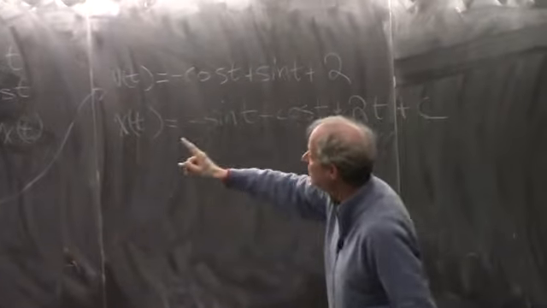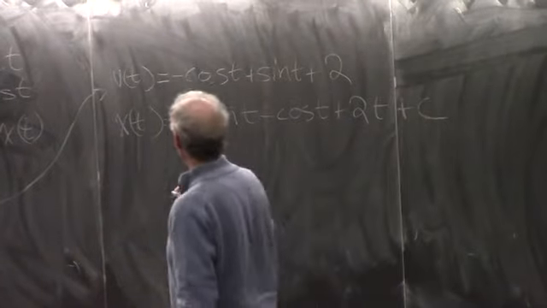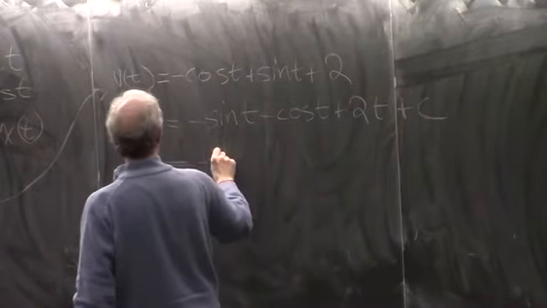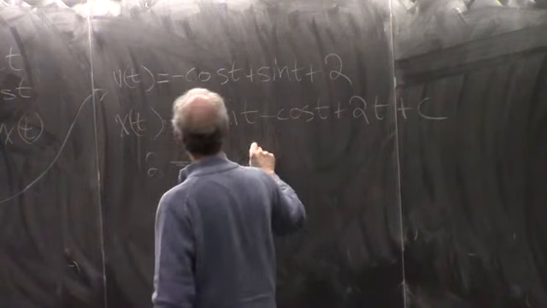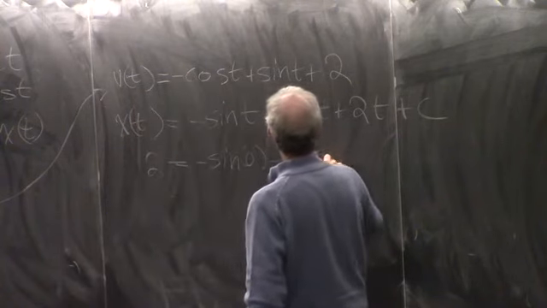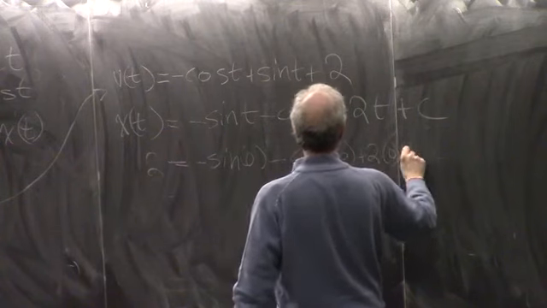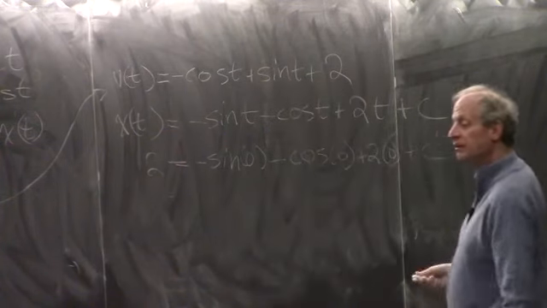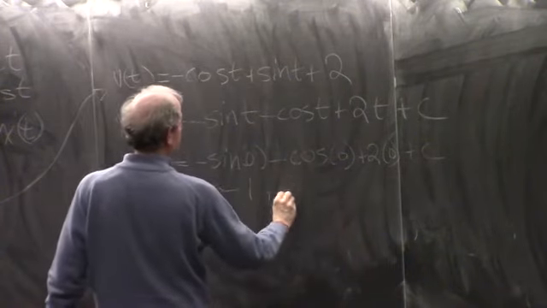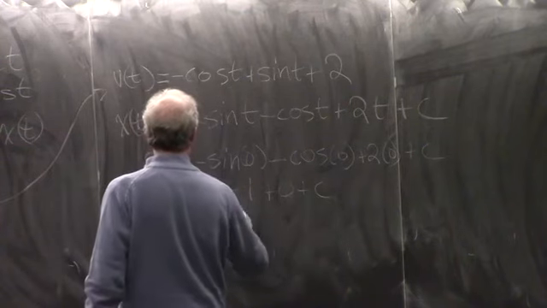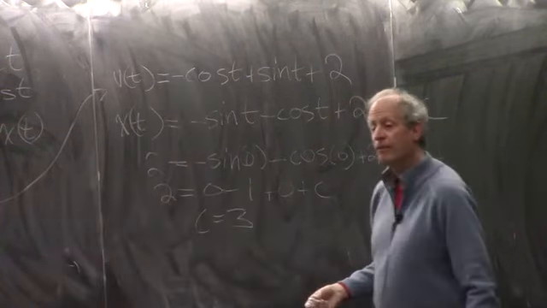Happy so far? Okay. Now, x of 0 has to equal 2. So 2 is minus sine of 0, which is 0, minus cosine of 0, which is negative 1, plus 2 times 0, which is 0, plus c. 2 is 0 minus 1 plus 0 plus c, so c is 3.